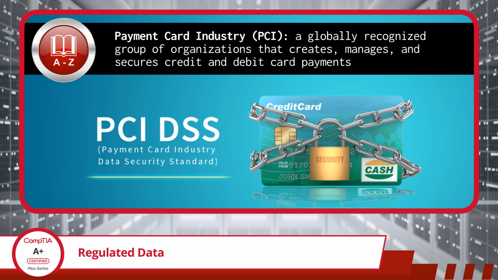This may sound simple, but the IT team plays a critical role in configuring and maintaining these systems to meet PCI-DSS requirements. Failing to comply with PCI-DSS can lead to fines, legal repercussions, and a loss of customer trust, making adherence essential for any organization handling credit card transactions.